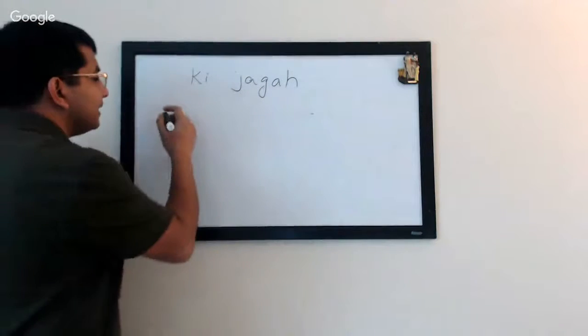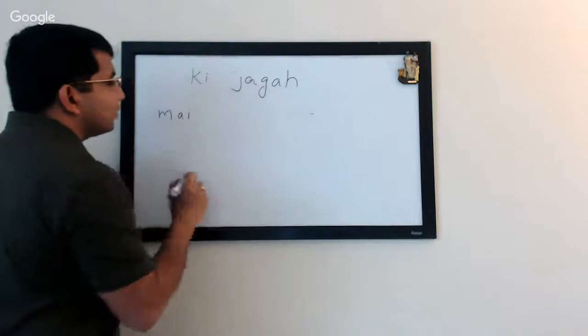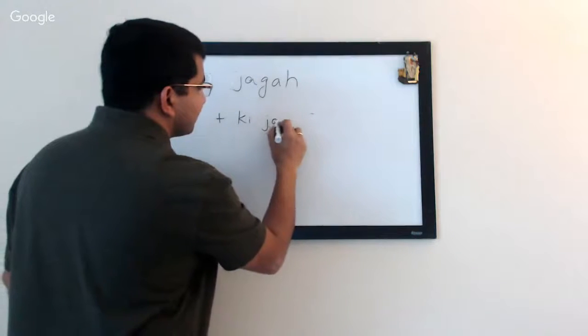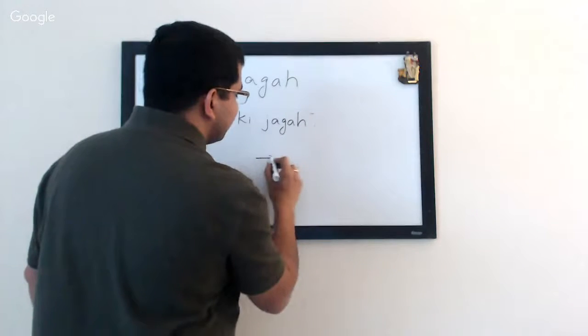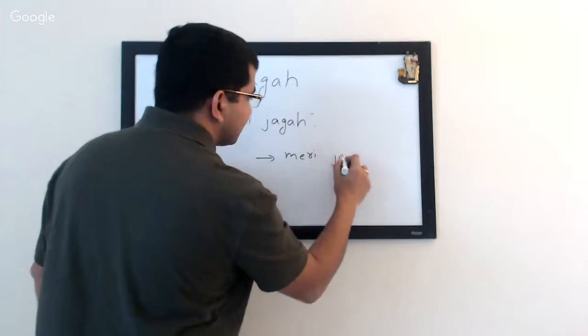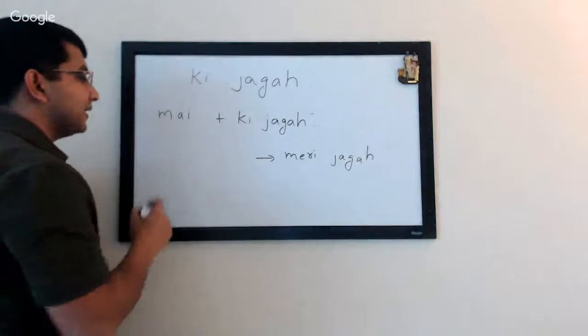So as an example, you have main, which is a pronoun, and you have की जगह. It's basically मेरी जगह, in place of me, right?